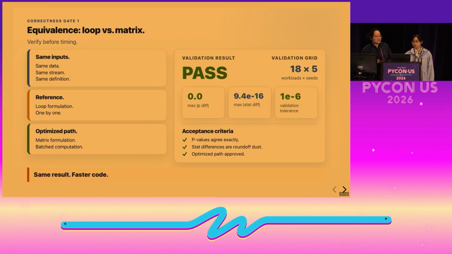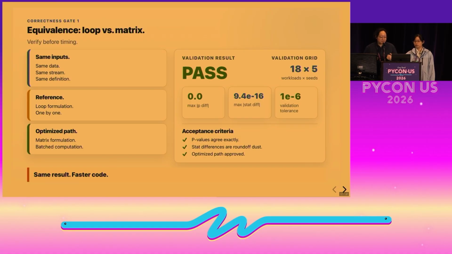Before we can trust the optimized path, we need to verify that it produces the same result as the reference loop implementation. We run both implementations on the same input, which means using the same data matrix X and the same stream of shuffled labels. The reference implementation computes the statistics one by one in a loop, while the optimized path computes them in batches using matrix operations.